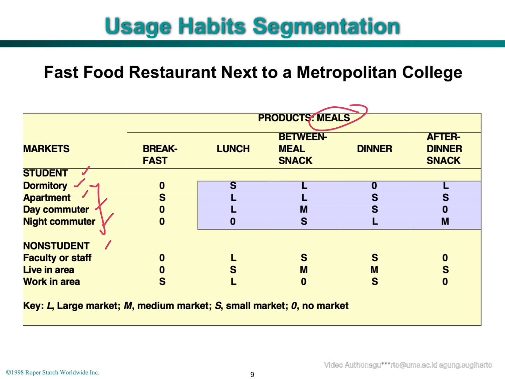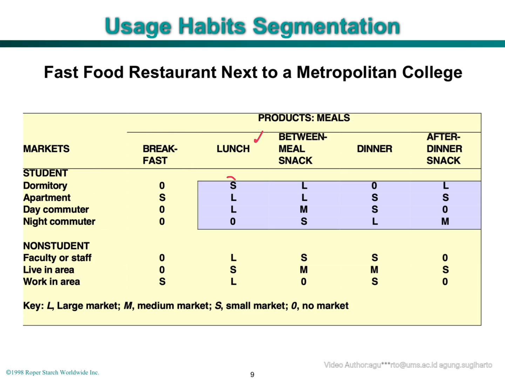How about the size of the market for breakfast? Maybe in apartment it is small, and the walk-in area is small. S is small market, 0 is no market. How about lunch?